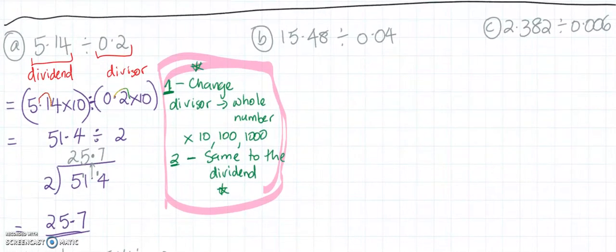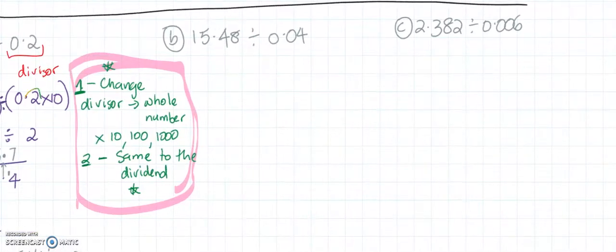All right, let's have a look at another example. It's the same deal. Remember, the process doesn't change. If I have a look at my divisor for question B, it's 0.04. To get to 4, this decimal point skips 1 and 2 places to the right, which means that this 0.04 needs to be multiplied by what number has got 2 zeros? 100, or what power of 10, to be more specific.